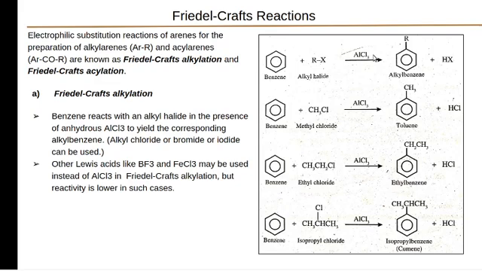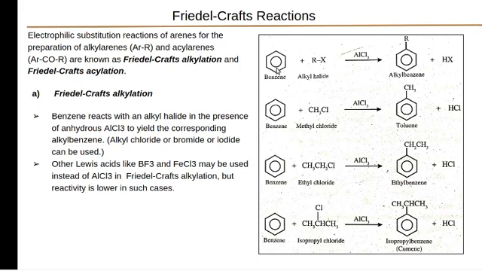Here we are using aluminum chloride. We can use BF3 and FeCl3 instead of AlCl3, but the reactivity will be slow, whereas with AlCl3 the reactivity is very high. That's why we use AlCl3 in common alkylation reactions.